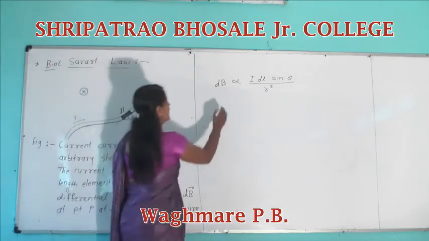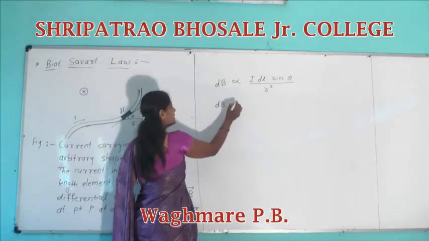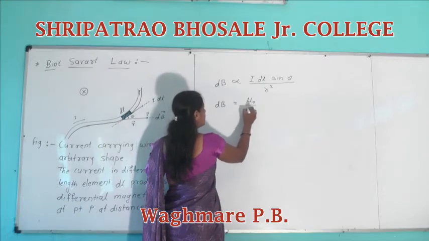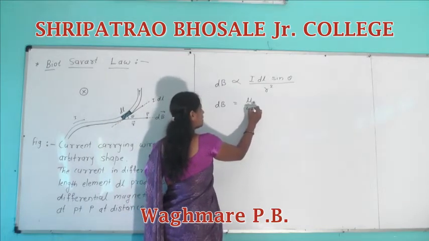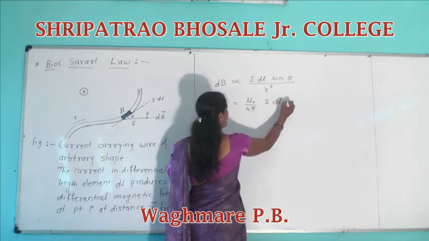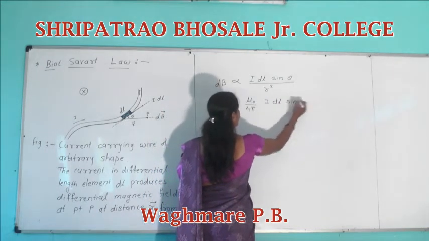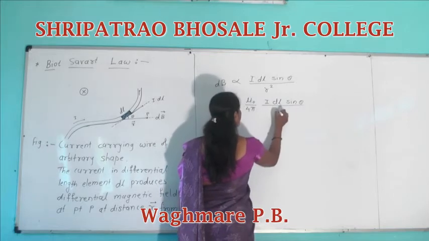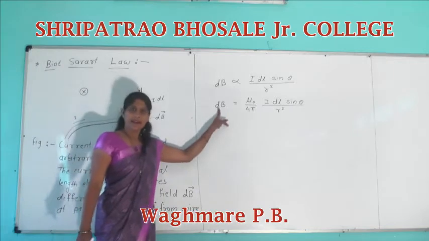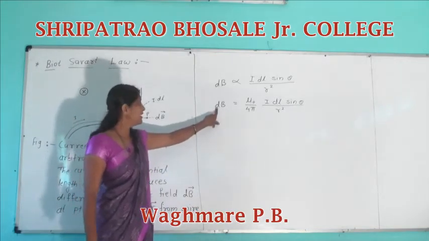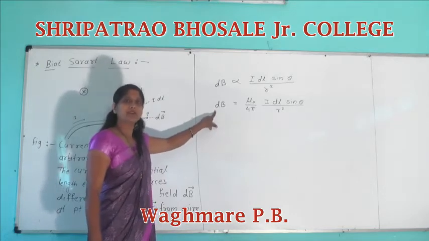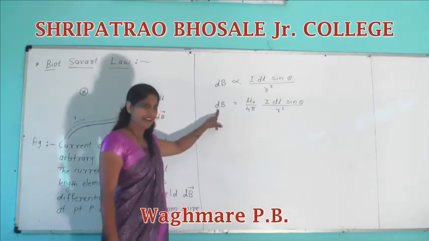Therefore, dB can be written as dB is equal to mu 0 upon 4 pi into I dl sin theta upon r square, where dB is the magnetic field due to a current passing through a small element dl.